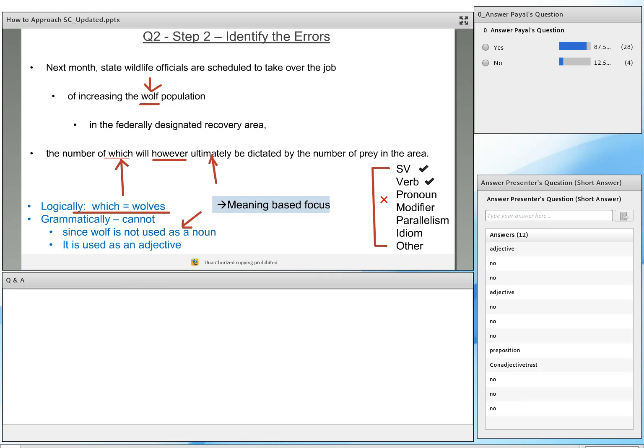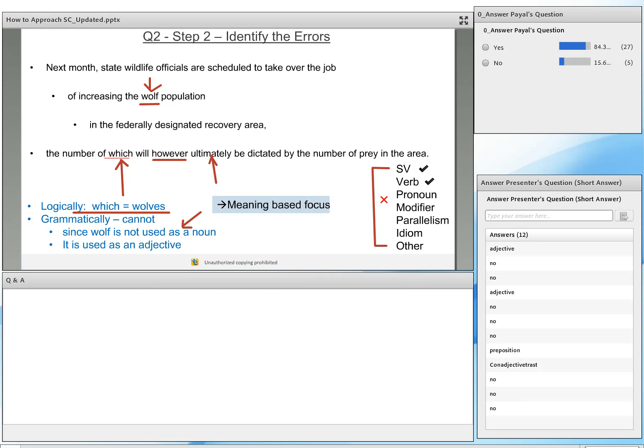Which can also refer to the number of wildlife officials in the original sentence. Does that make sense? Again, when I see such pronoun-related doubts, what that tells me is that just because there are these different nouns in the sentence, the pronoun can refer to any of those. No. Yes, a pronoun can refer to any noun in the sentence, but that has to make sense.